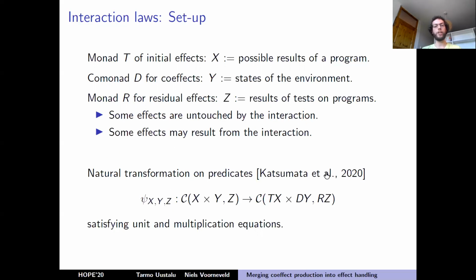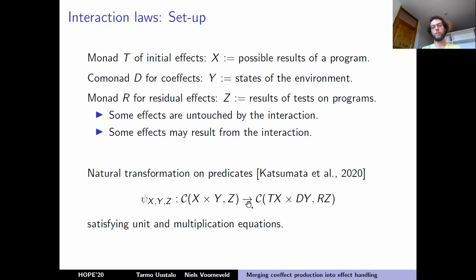And then an interaction law specifies the following thing. Given some predicate on X and Y, so a predicate on possible results that the program may give, and a possible final state when the result is given, and a predicate on Z, where Z represents results of these tests that I talked about before, for instance, probabilities.